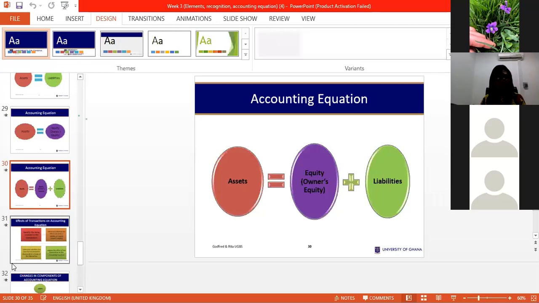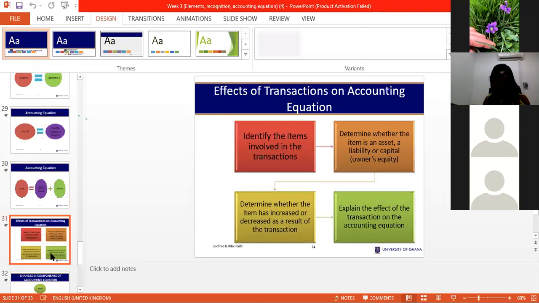So every transaction you have, you must identify which item of the financial statement it belongs to, and whether there will be an increase or there will be a decrease. And that is what we refer to as the effect of transaction. So the effect suggests that it is either increasing the assets, the liability or capital, or decreasing it. That is the terminology we use to show the effect on accounting equation.